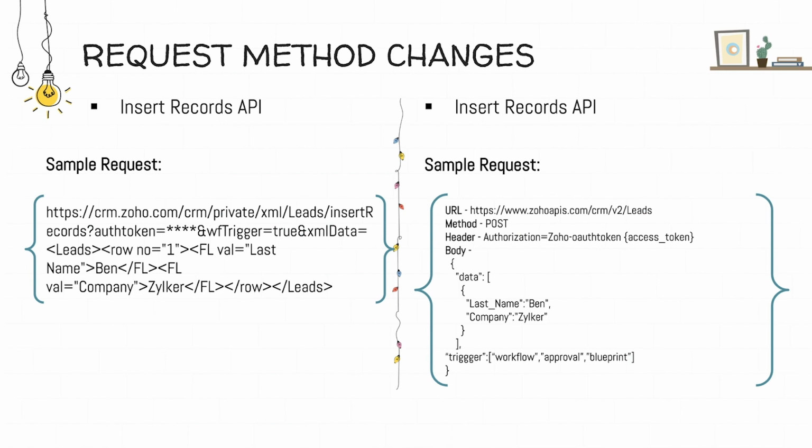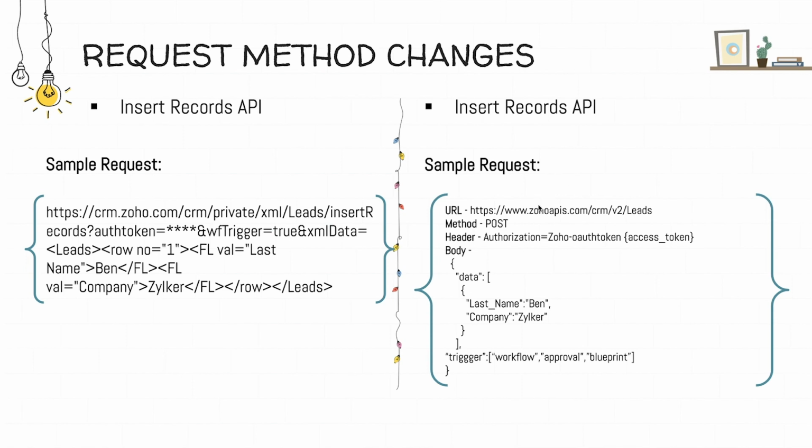As for each API call, the request method has changed drastically. You can take a look to your left. The URL contains the parameters, auth token and the input data, in the URL itself. But instead of that, in the new version of the APIs, there is a clear distinction between what information should be given where.